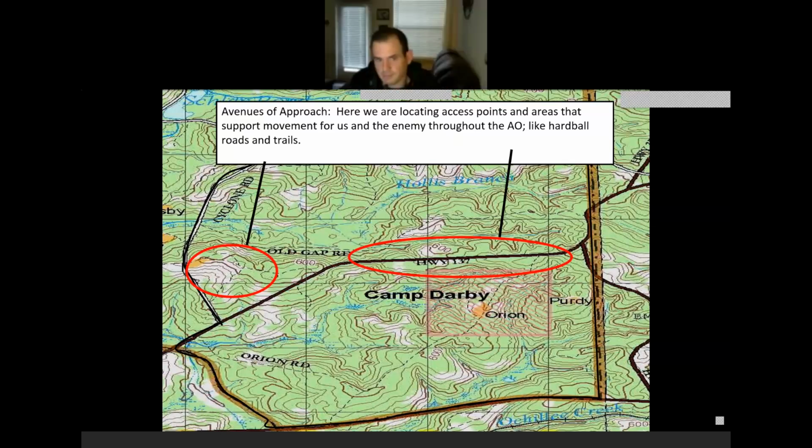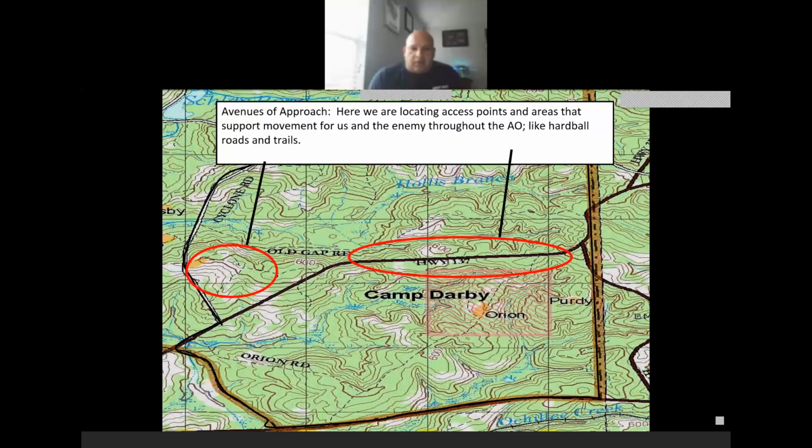The highways. The highway, right? You've got Highway 137 right there, right? And then what do we have on the other side, on the left? What is that? It looks like a clearing that you can move a lot of people through. I see a lot of trails in there, right?